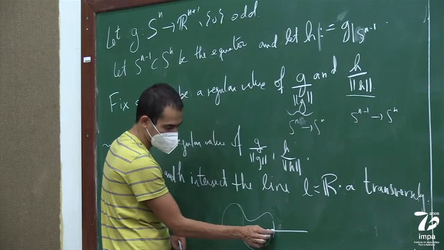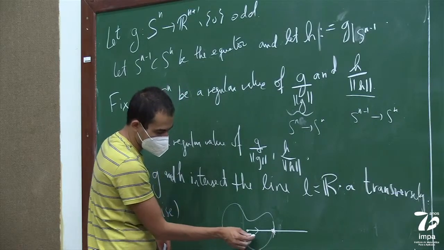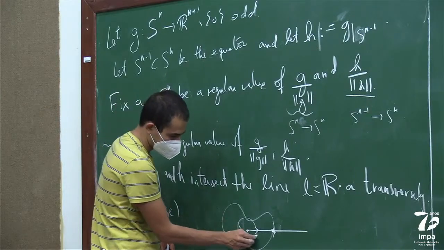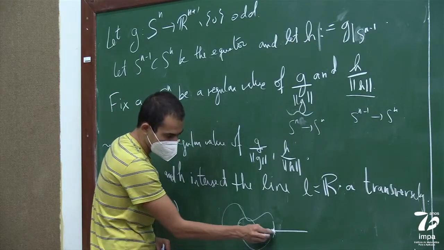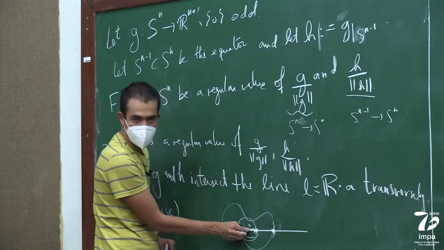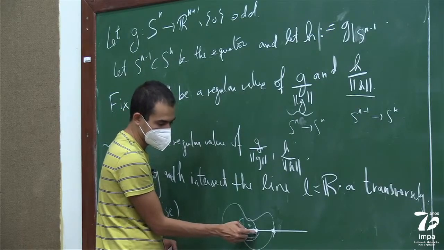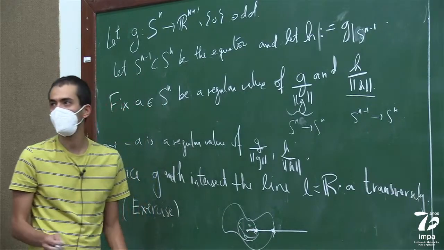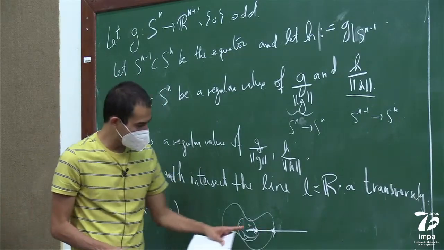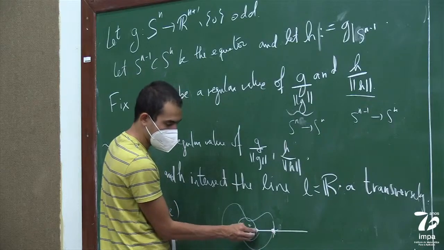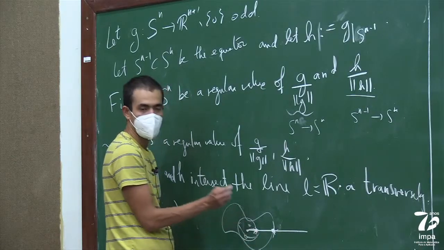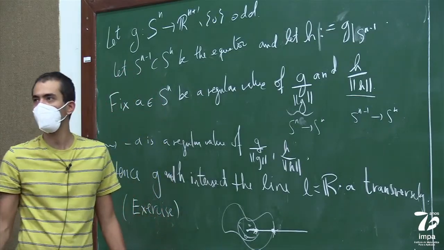There's a bijection between that and the number of times that, when you divide by the norm, A, which is the unit vector here, is going to be a regular value of this, and the preimage of A is going to be at some point on the sphere. So every time you have an intersection here, you're going to have a preimage of this guy here, and vice versa, and they are going to have the same sign.